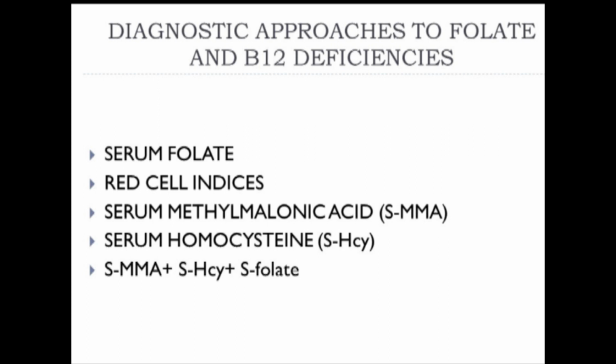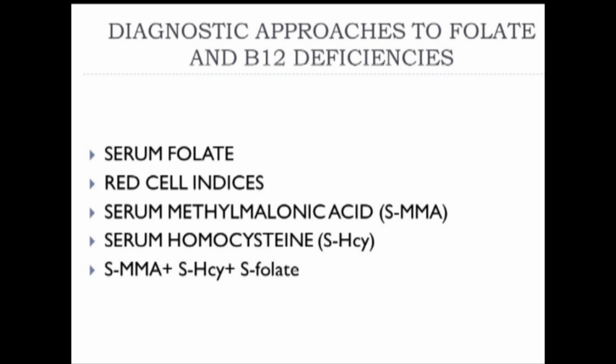So they don't always rise, but they can be normal to elevated. And if the serum folate levels are elevated, if the serum methylmalonic acid is elevated, and if the serum homocysteine level is elevated, then we can also, in this case, conclude a B12 deficiency.